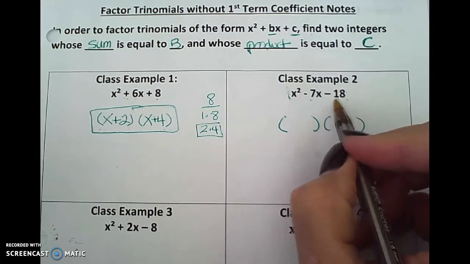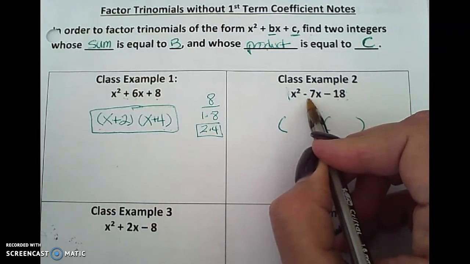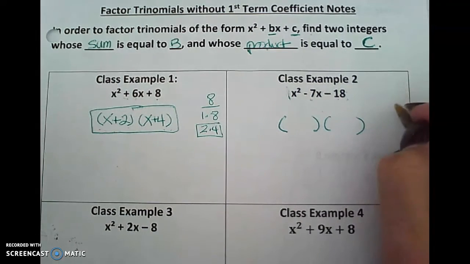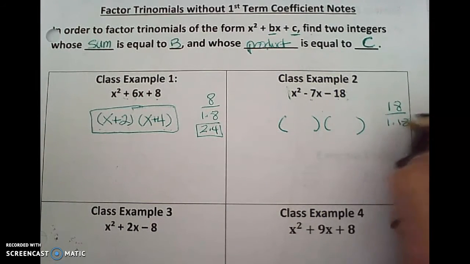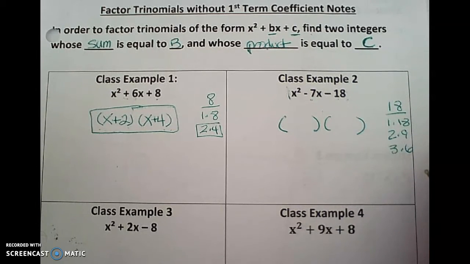It's still going to multiply to be c. So we're looking at the factors of 18. 1 and 18, 2 and 9, 3 and 6, and nothing is adding to be 7.